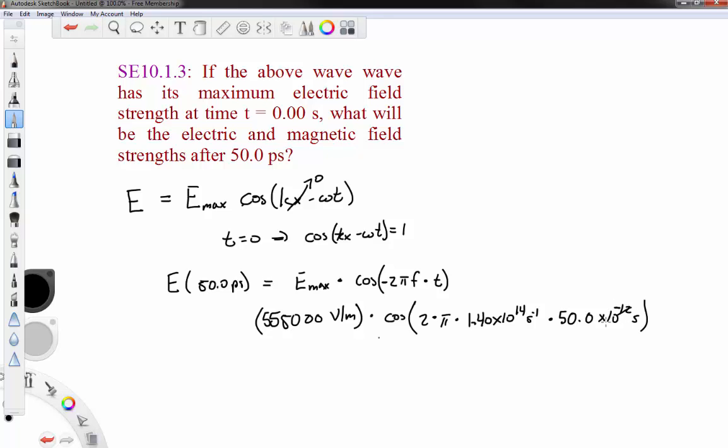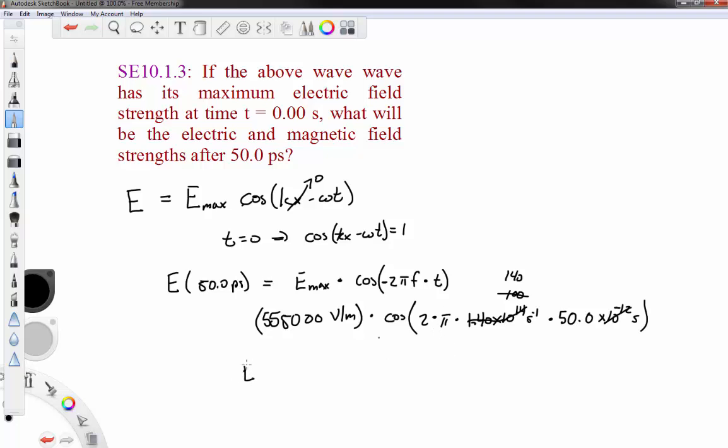In any case, if you get rid of these powers of ten, you're left with 100. And so you can see that we're going to have 1.4 times 100 times 50. So collectively, this is 140 times 50. You can see that this is going to be an integer multiple of 2 pi.